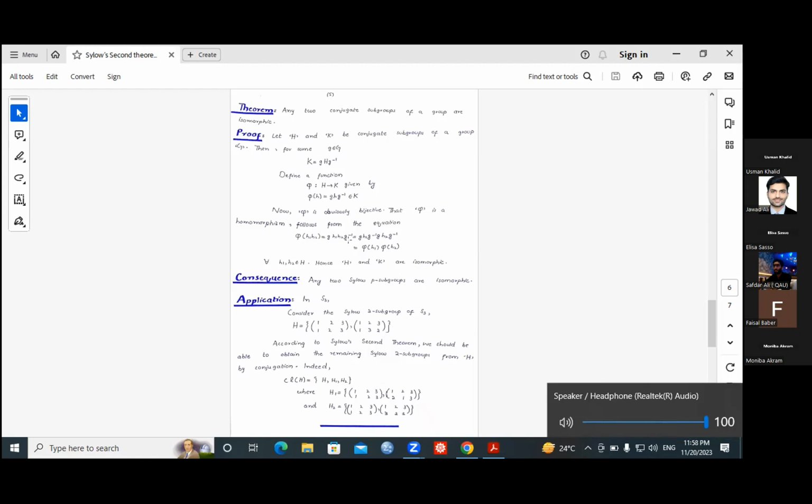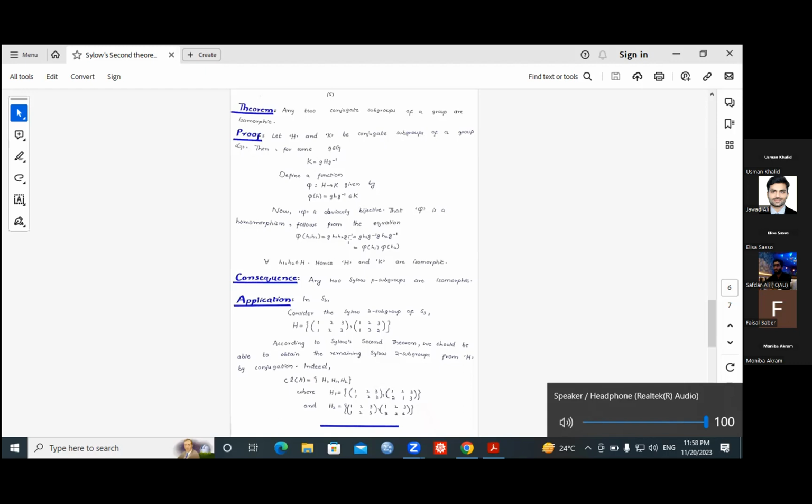Yes. Sobia, you are using a finite group in your statement of the theorem. Why are you not using a general group? Why are you not using an infinite group? We have used finite groups here because in Sylow's second theorem we have mentioned Sylow P subgroups, and in the definition of Sylow P subgroups, we have only finite groups under discussion.